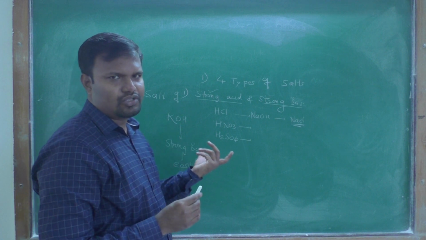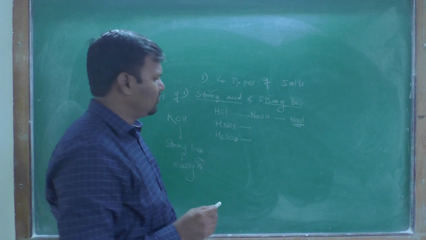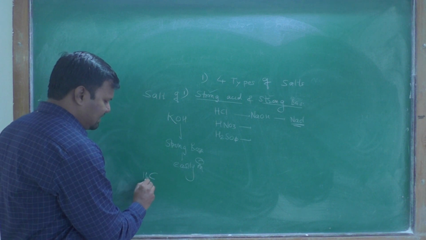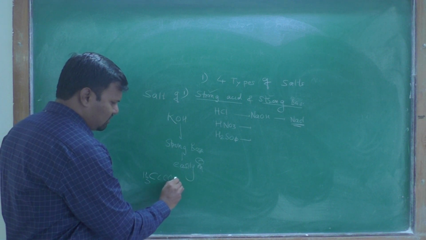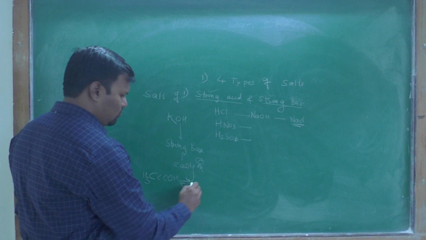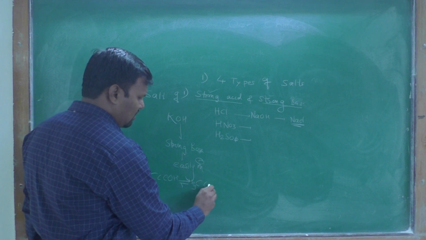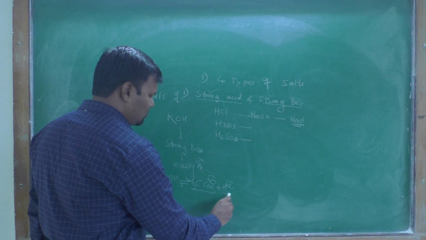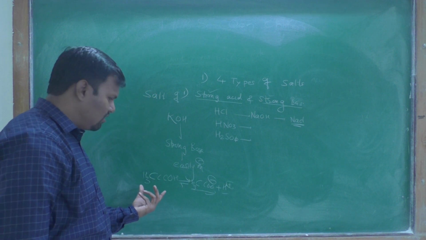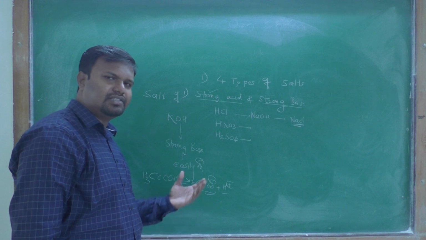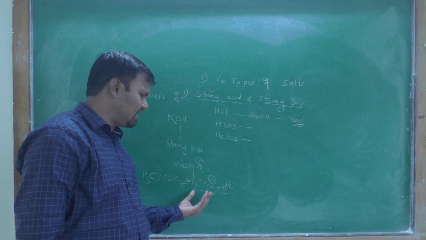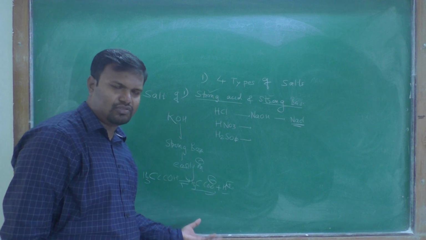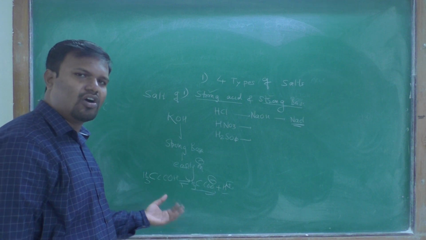That is a strong acid. And if a weak acid is there, then this weak acid gives very small amounts of ions. Therefore, it is called a weak acid. A weak acid has the tendency to give H plus ions and the conjugate base in very small amounts.